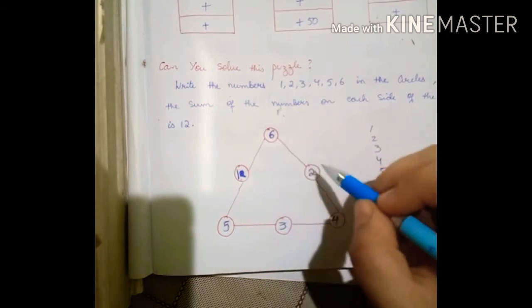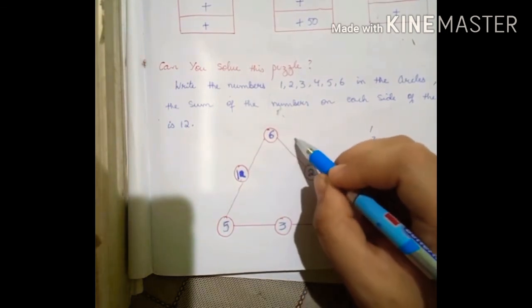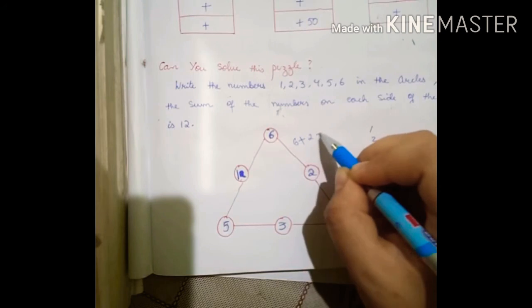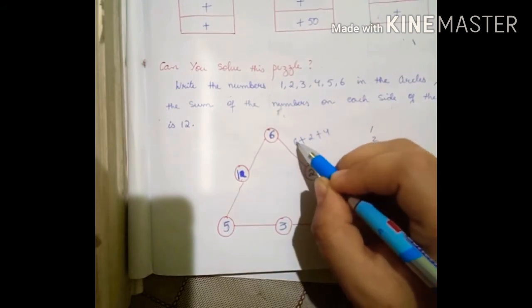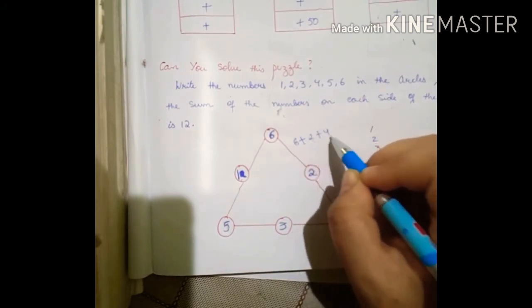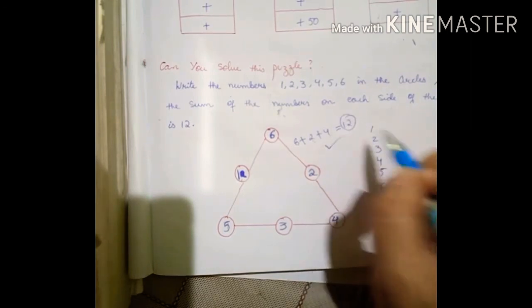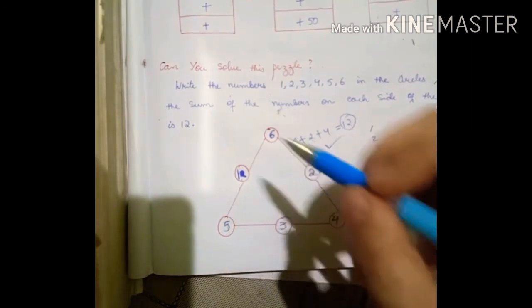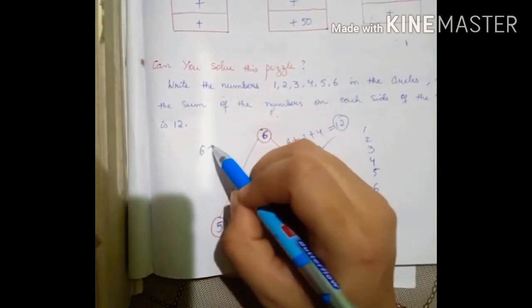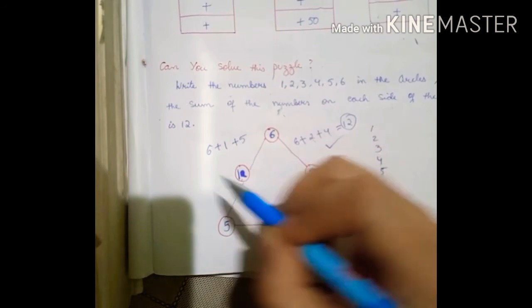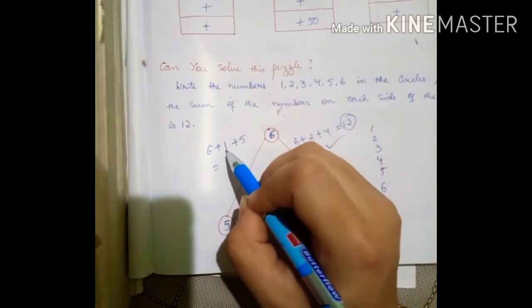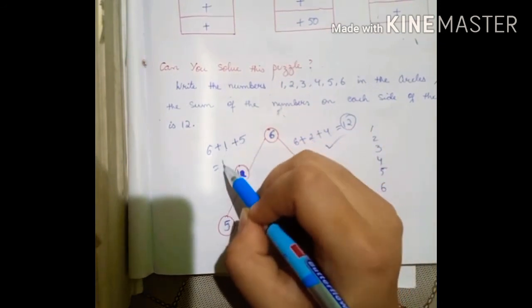Let's try here first. 6 plus 2 plus 4, how much? 6 plus 2 is 8, 8 plus 4 is 12. Okay, this side we get 12. This is correct. Let's try here. 6 plus 1 plus 5. 6 plus 1 is 7, 7 plus 5 is 12.